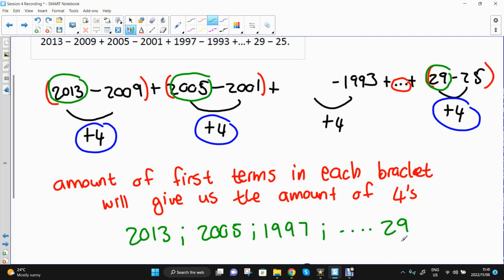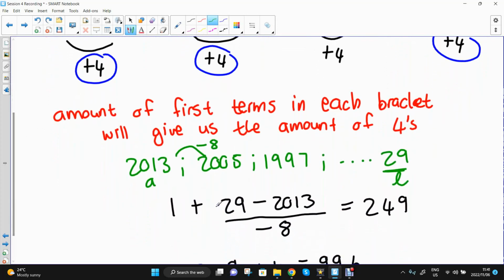Now we have a very quick formula that can help us with this. We've got the last, we've got the first, and we have the common difference. Common difference here is minus 8. So how many terms do I have? There's my formula. 1 plus the last term minus the first term, divide that by the common difference.